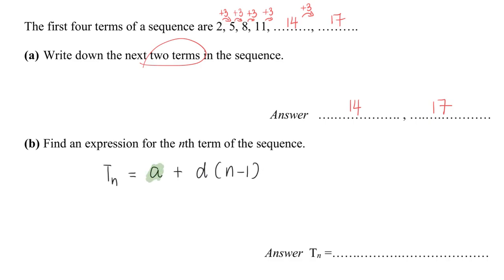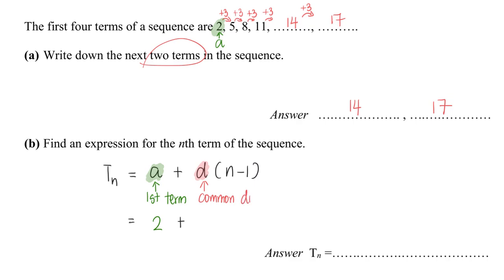This A is actually what we call the first term. So in this case, 2 will be my A, because that's the first number, the first term of this sequence. And what is the D? Well, D is what we call the common difference.